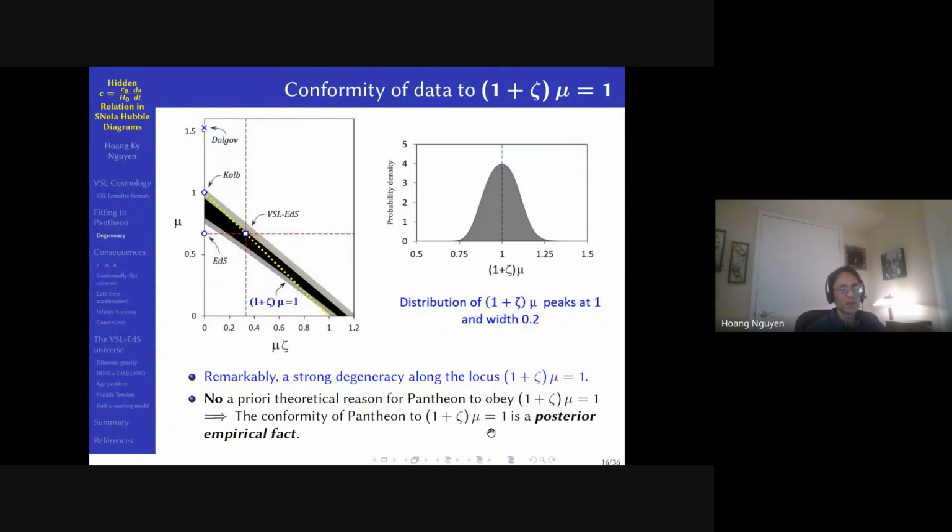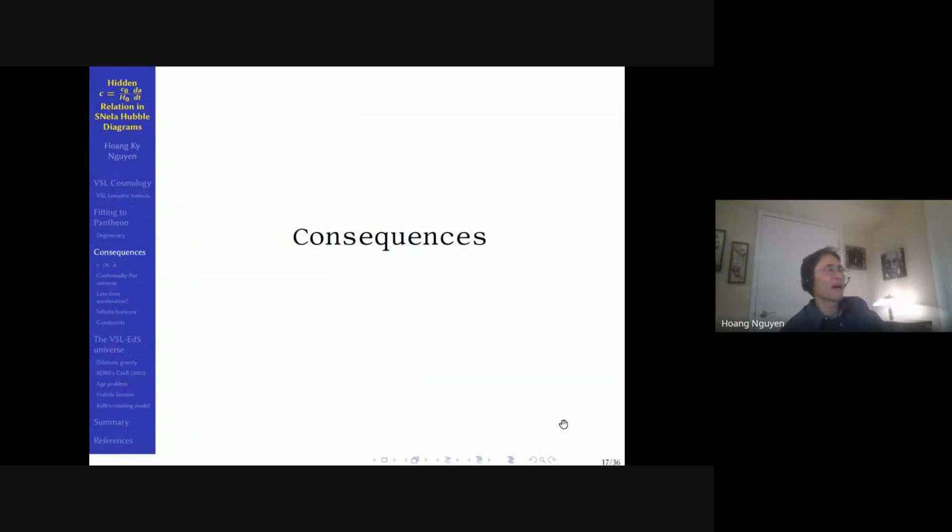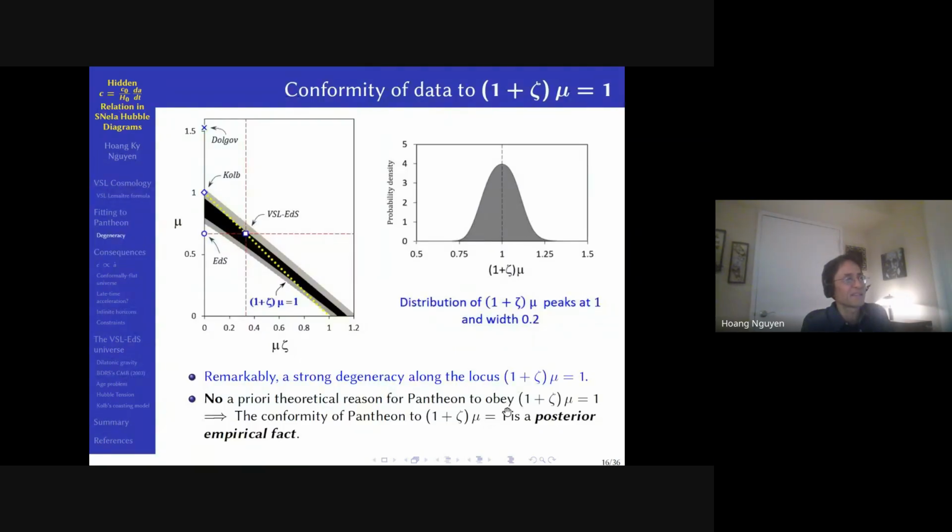This is an empirical fact, because there's no theoretical reason why the Pantheon data should obey that line at all whatsoever. Yet the data tell us it does. So this confirms that posterior. Therefore, let us take this as an empirical fact.